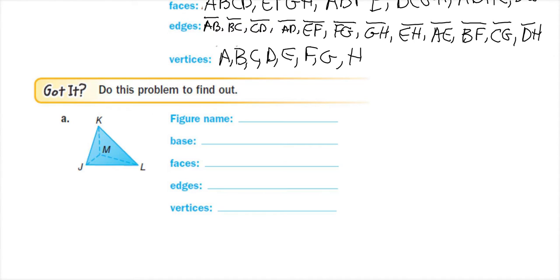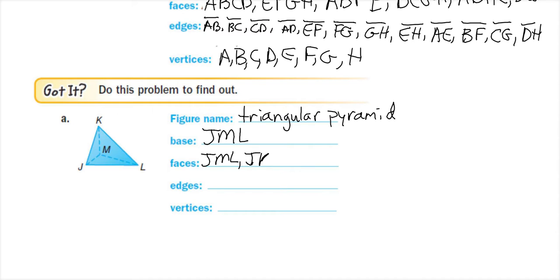So first we're going to write the name. There's all triangles, so this is a triangular pyramid. Okay, its base is JML. The faces are JML, JKM, KML, and JKL.